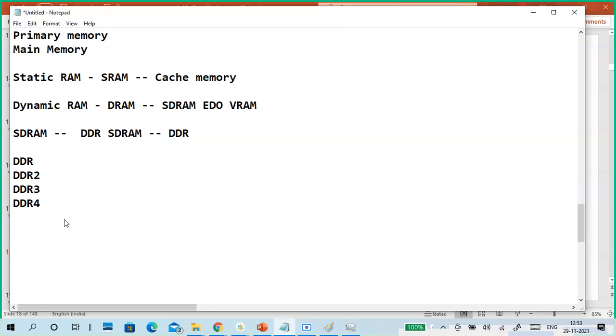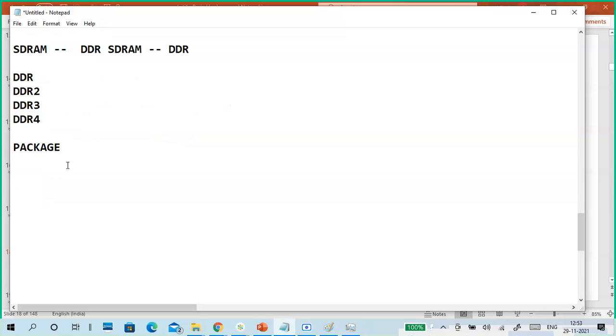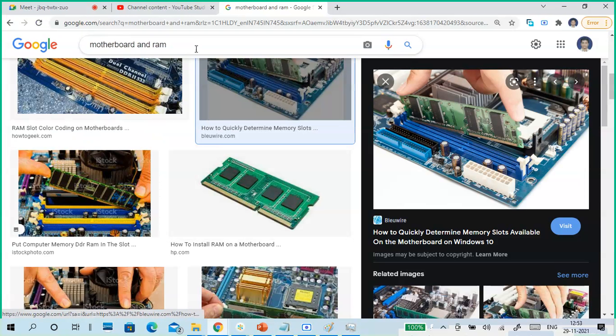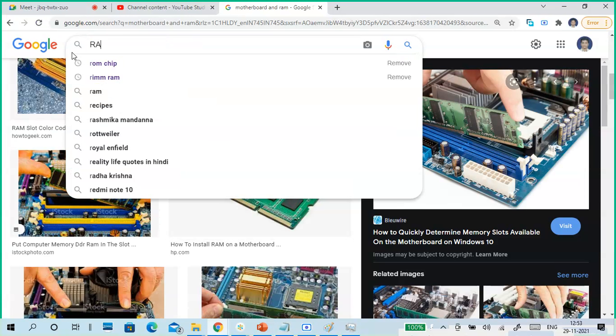Next, RAMs come in different forms depending upon the package. RAM packages are there, like the DIP package. If you see any IC kind of stuff, like RAM packages, you can see that.